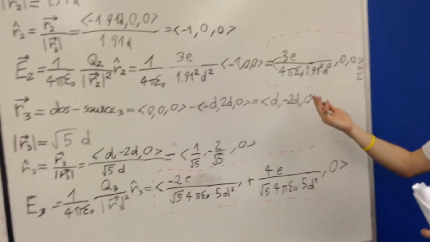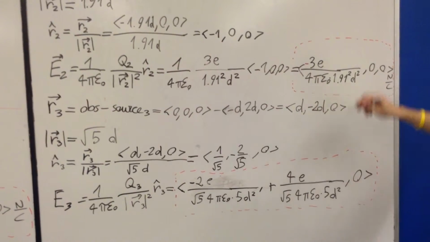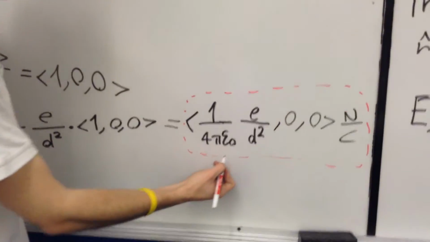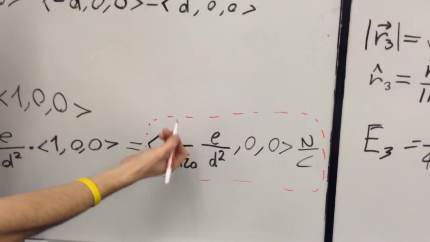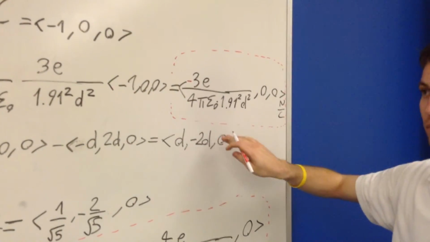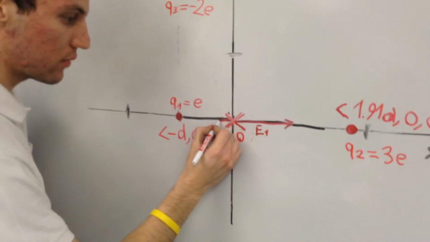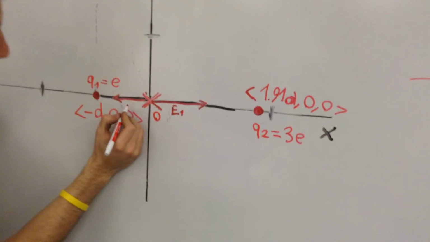You can notice that since x is negative, and since this is smaller than this x, because this is like 1, and this is almost 3/4 of it, we can then draw E2 as pointing away from Q2 in such a way that E2 is smaller than E1.